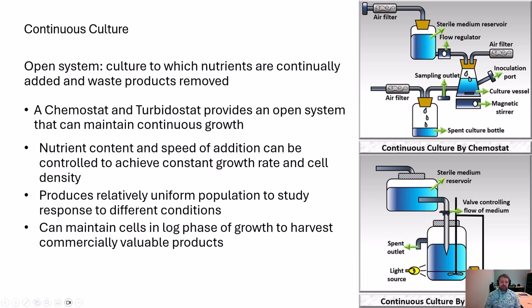They'll maintain cells at the log phase because they can really pump out a lot of cells, and then they'll grab those cells and sometimes freeze dry them or put them on a slant, and you've got the best cells possible. You don't have cells in your lag phase, you don't have cells in the stagnant or death phase, but you have cells that are in that log phase and growing the best they can.